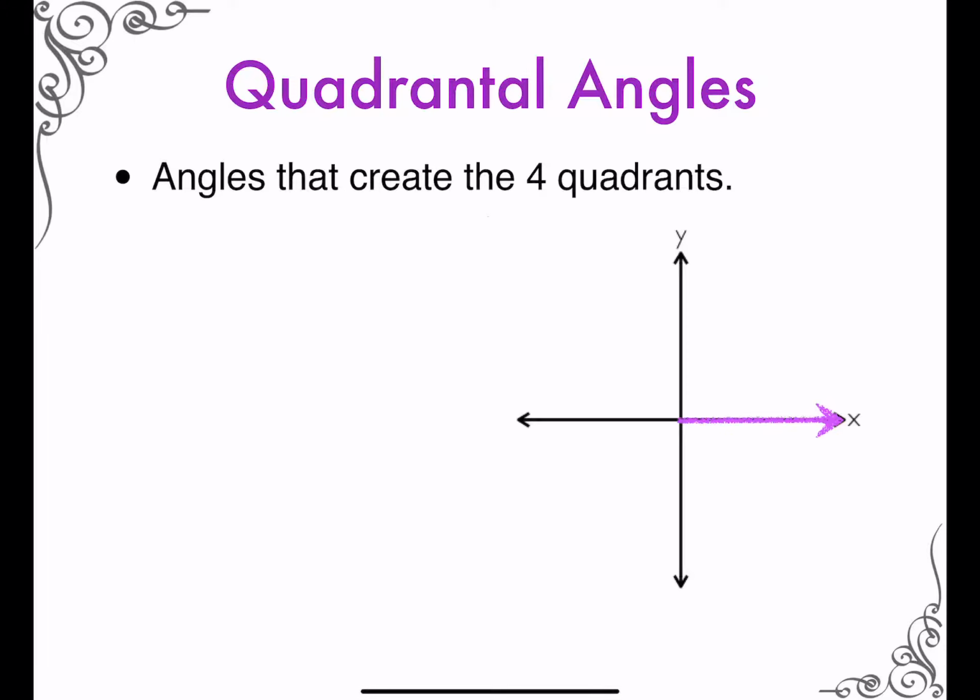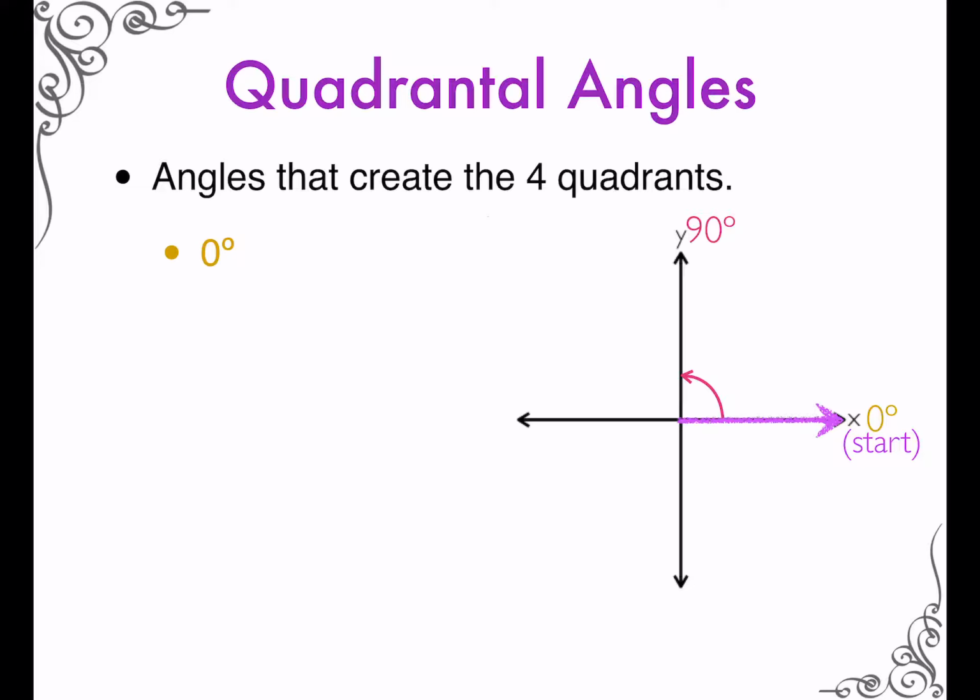If I trace a line along the x-axis in the positive direction, that's where we're going to start all our angle measurements from. That angle formed with the positive x-axis is 0 degrees. Now, if I extend that angle all the way to the y-axis, that forms a 90-degree angle.